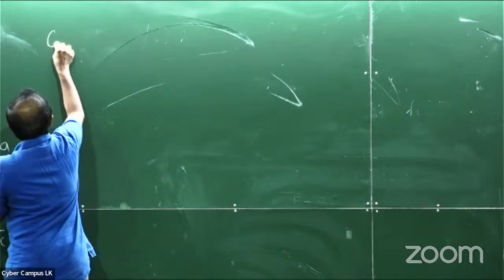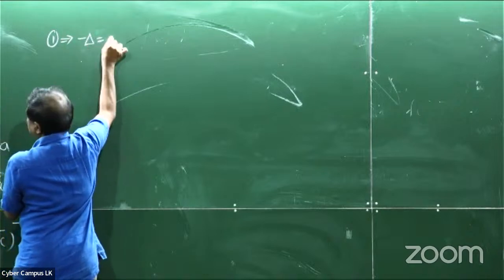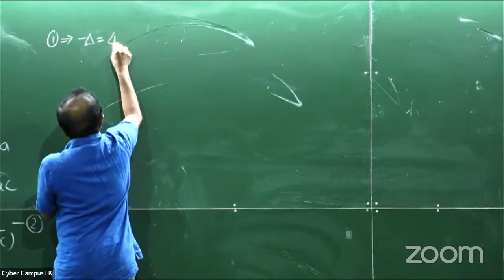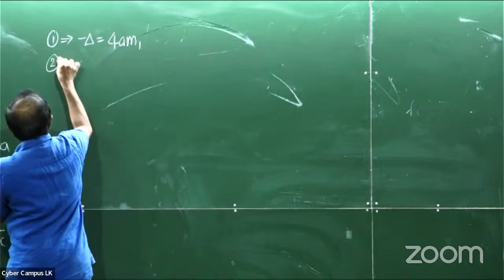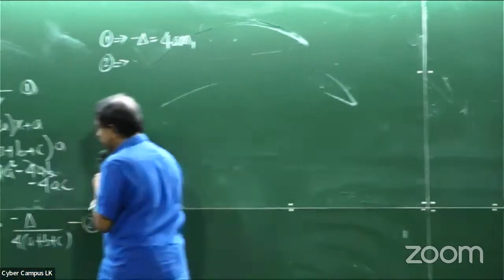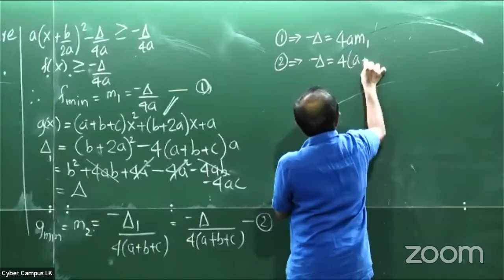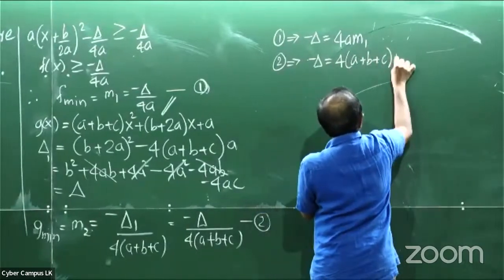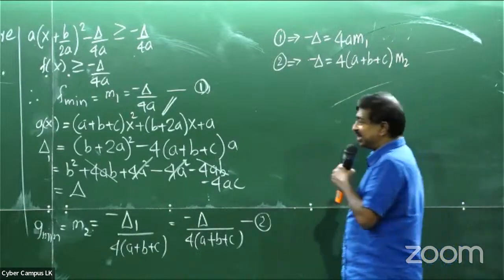Now from 1, you get minus delta is equal to 4a m1. From 2, you get minus delta is equal to, when you cross multiply these two, 4 times a plus b plus c times m2. So from these two, you can make these two equal.